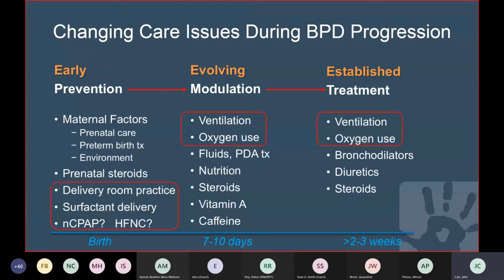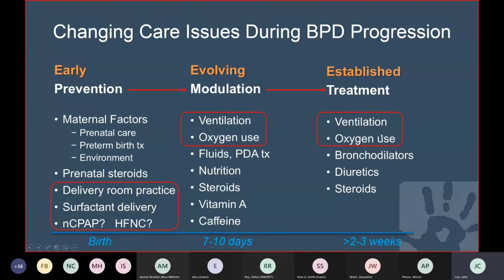So there's changing care issues during the progression of BPD. Early, we focus primarily on prevention through delivery room practices, surfactant delivery, non-invasive CPAP, high-flow nasal cannula, et cetera. After 7 to 10 days, we utilize other methods of oxygen use and ventilation, steroids, et cetera, to modulate this evolving situation.